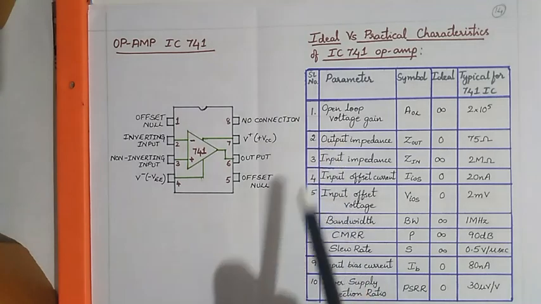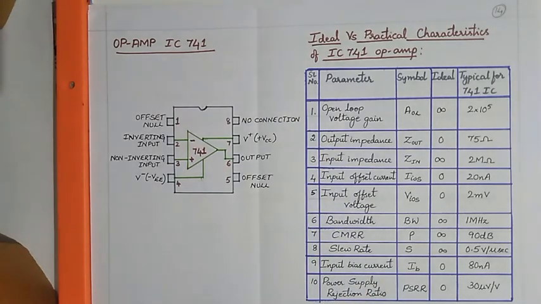The first one is the open loop voltage gain, represented by AOL. Ideally it is infinite, but the typical value for the IC 741 is 2 into 10 power 5. Output impedance is the equivalent resistance measured at the output of the op-amp with respect to ground. Ideally it is 0 and the typical value is 75 ohm.